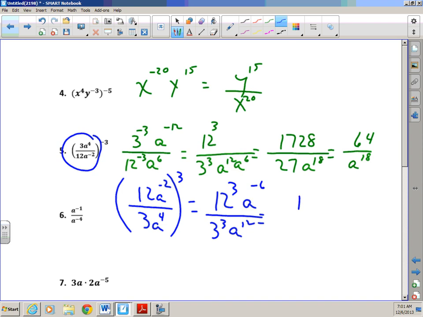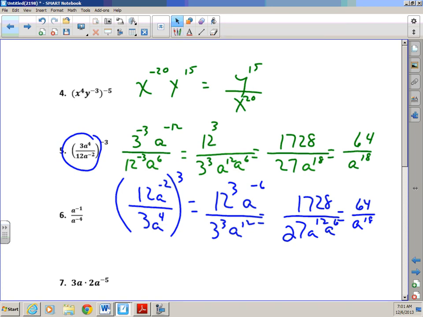And then I would be just about where I am here. And I would get my final answer. Again, both methods will always work. It's a question of what you are more comfortable with.